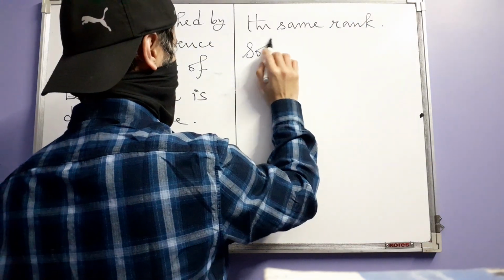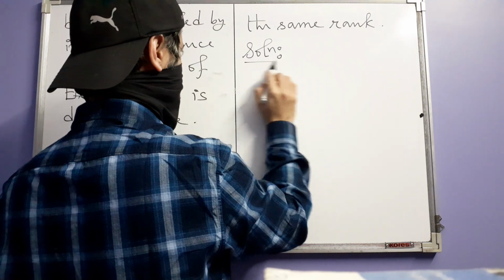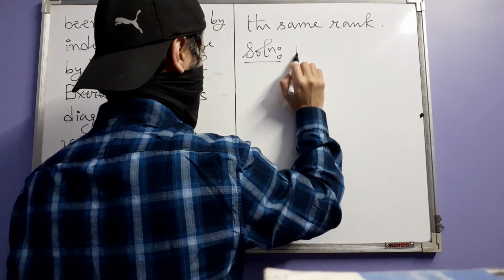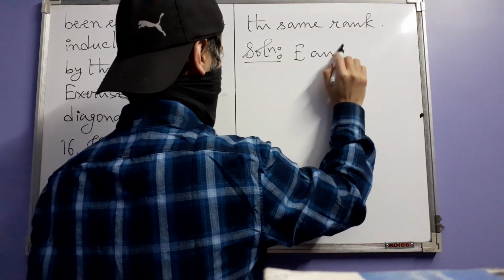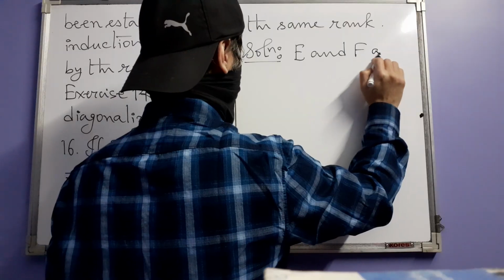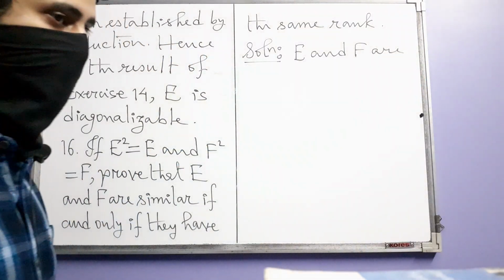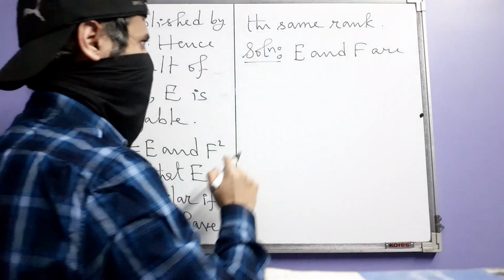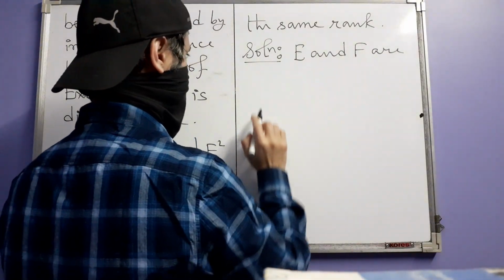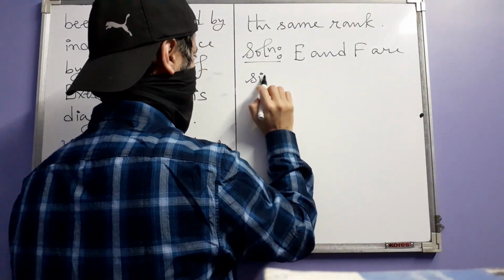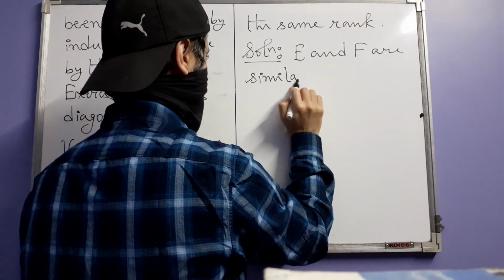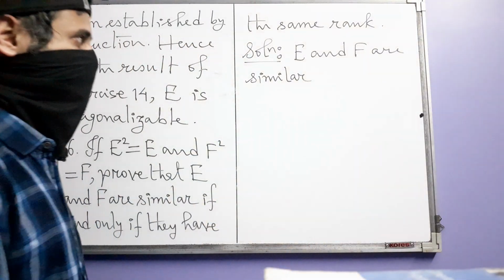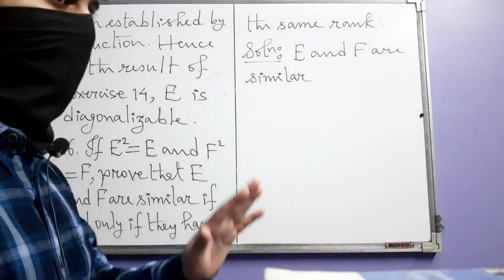Now here the solution is extremely easy. E and F are both diagonalizable because of the previous exercise, and that is why E and F are similar, and moreover the possible eigenvalues of them are 0 and 1.